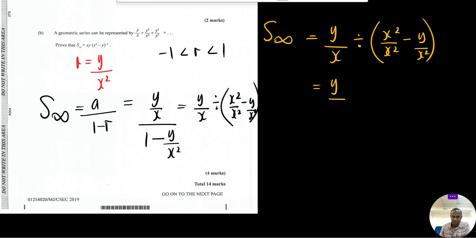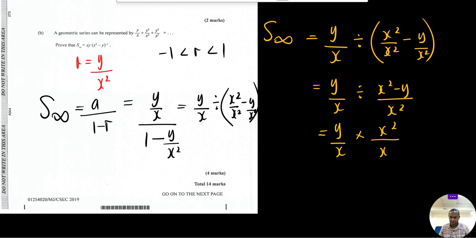And so this gives us y over x divided by x squared minus y over x squared. And of course, whenever we divide fractions, we invert or flip the second fraction, change the sign to a multiplication, and this gives us y over x times x squared over x squared minus y.